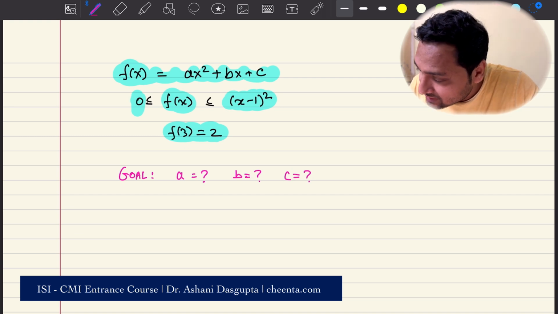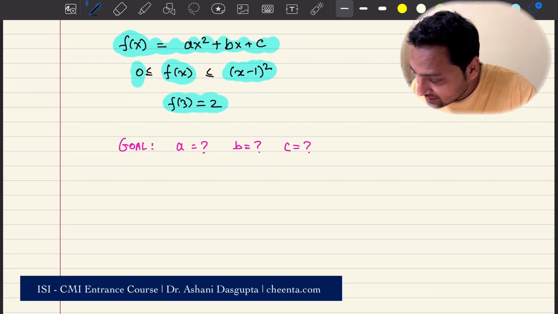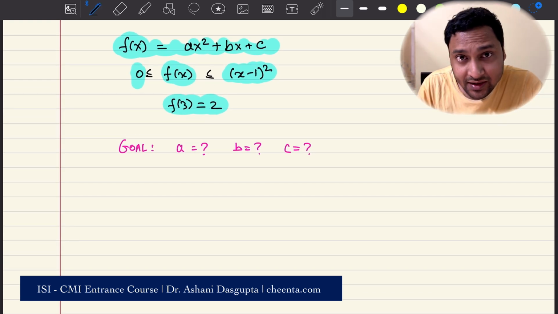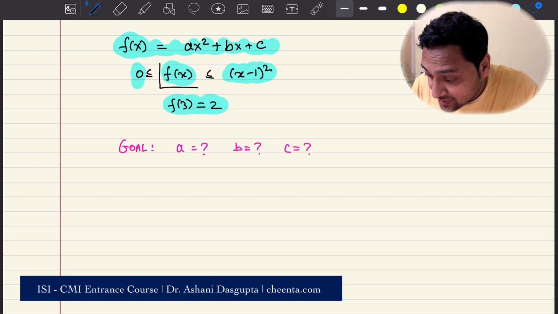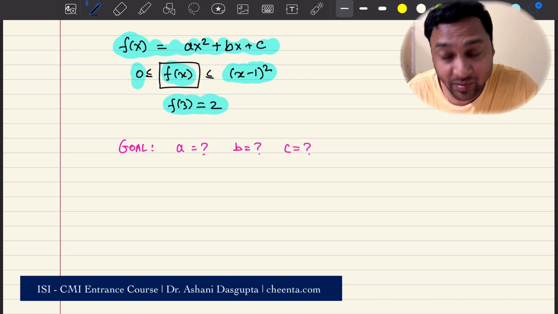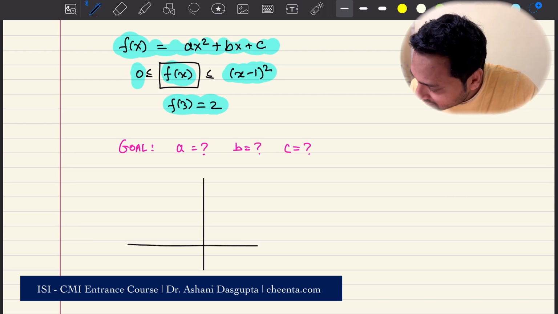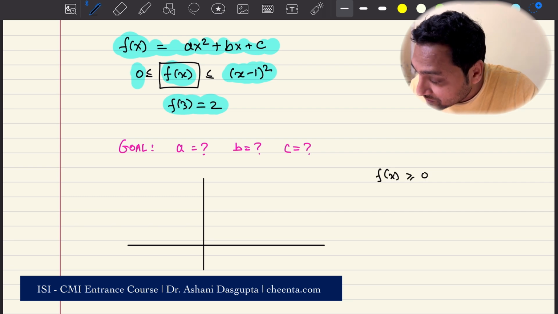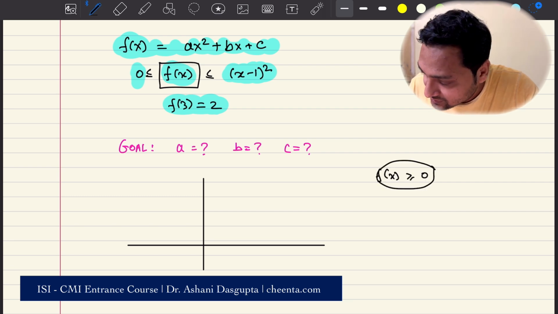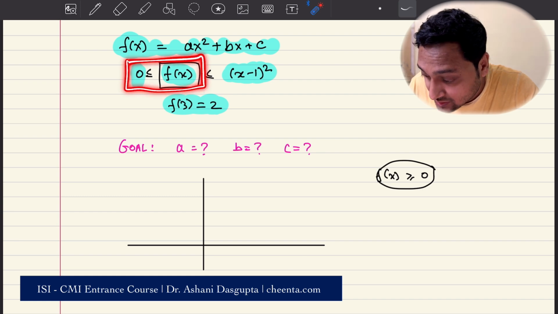So let's look at this particular problem and analyze carefully how the function f of x looks like on the graph paper. The first thing is, it's given that f of x is always greater than or equal to 0. This is the left-hand side of this inequality.